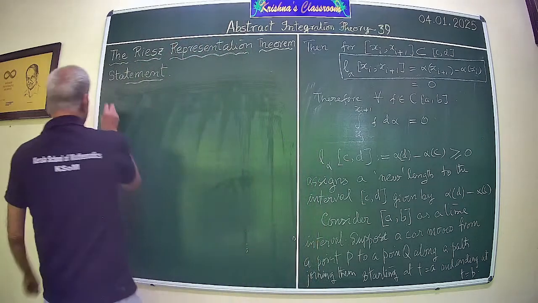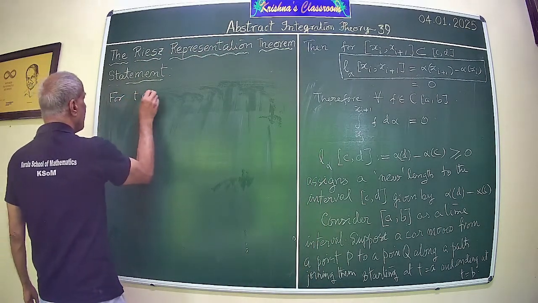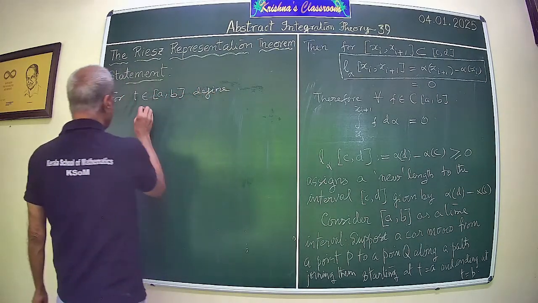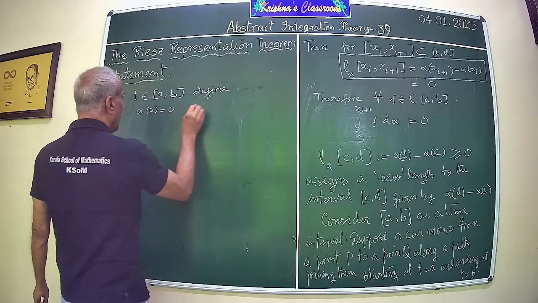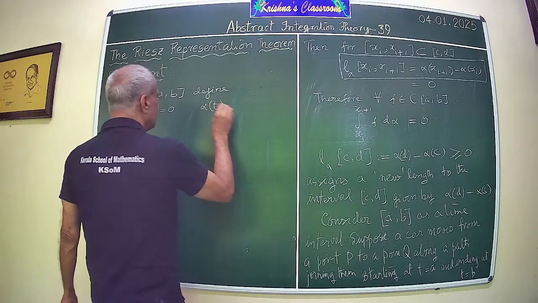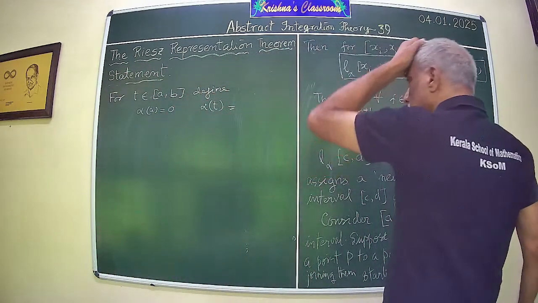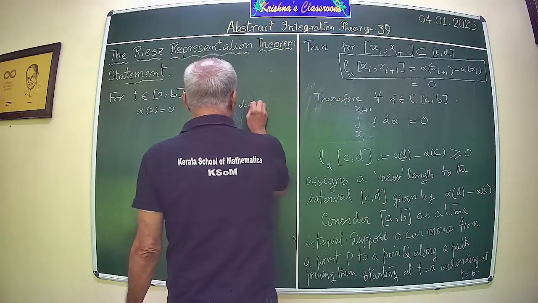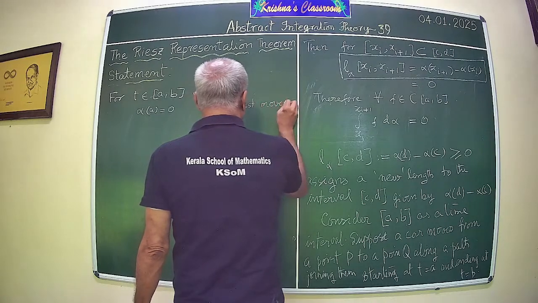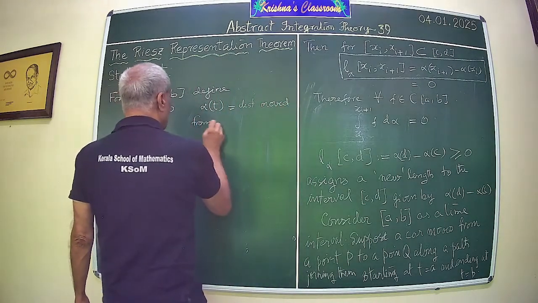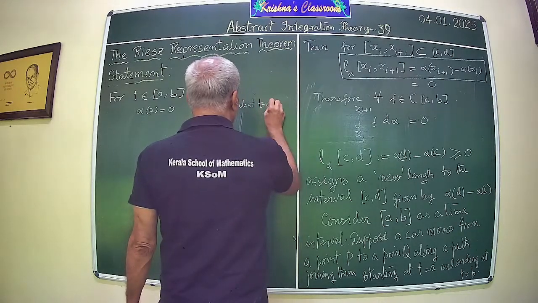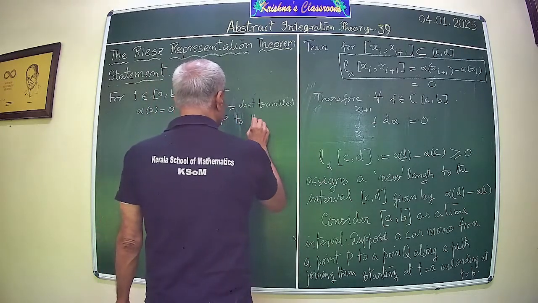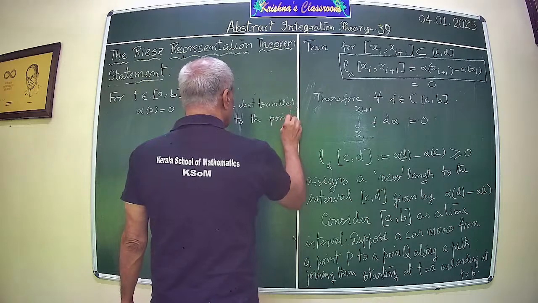So for t belonging to [a, b], define alpha a equal to 0, alpha t equal to the distance travelled from P to the point alpha t.